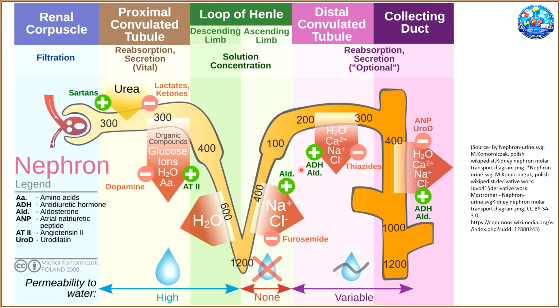All this is taking place in the medulla. As the urine is going up again, the antidiuretic hormone at the distal convoluted tubule also helps in absorption of water and some ions according to the requirement.